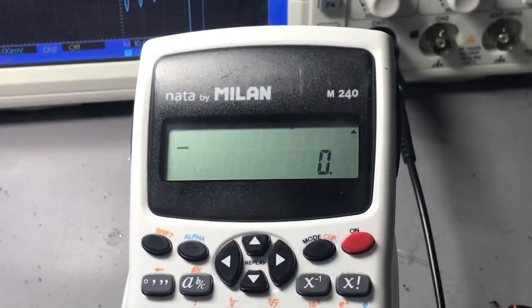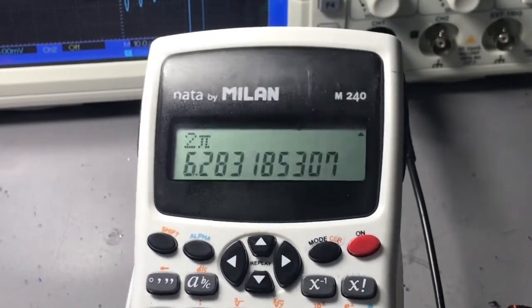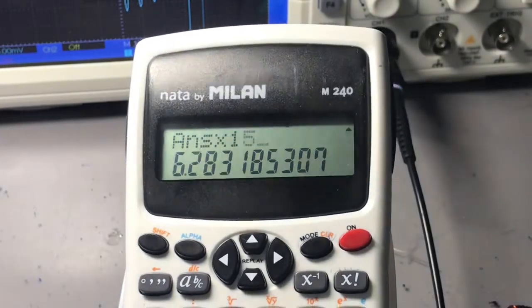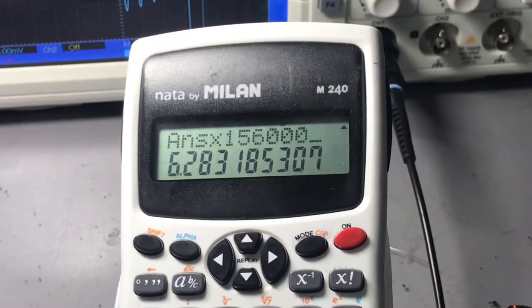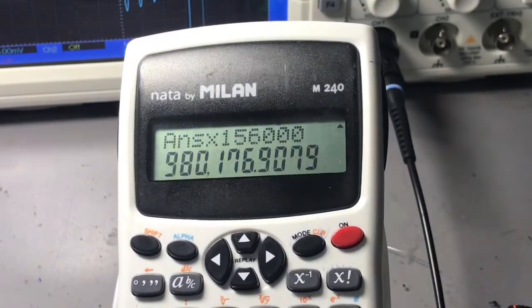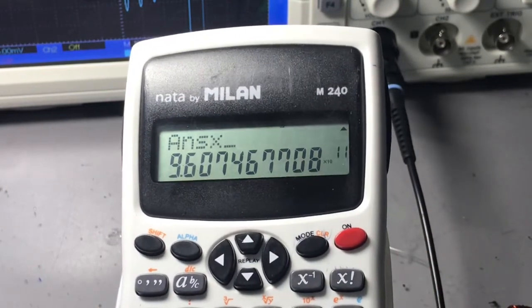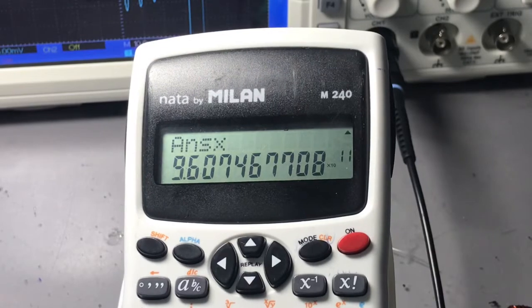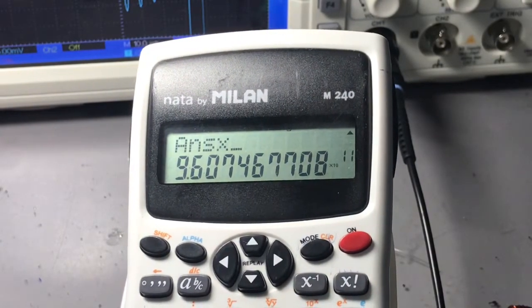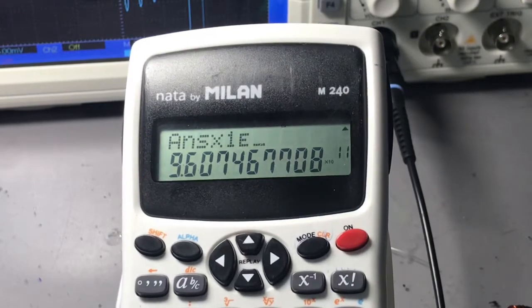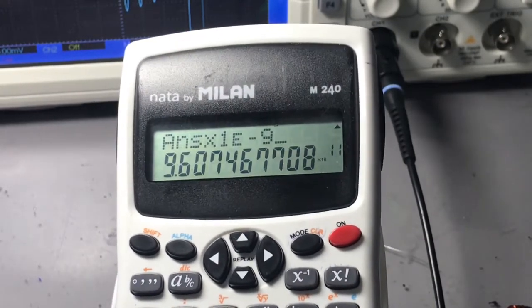We need to do 2 pi times the frequency, which is 156 kilohertz, then square it, and multiply it by our capacitance, which is 1 nanofarad. So 1 nanofarad is 1 times 10 to the minus 9.